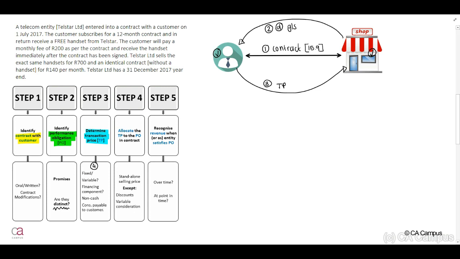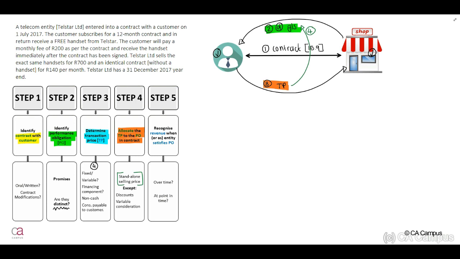Step 4, we need to allocate the transaction price to the performance obligation in the contract. Therefore, guys, this will be our transaction price that we will have to allocate to our performance obligation. But how do we do this? This will be based on our standalone selling price. Remember, your standalone selling price will comply with our IFRS 13 fair value measurement principles.